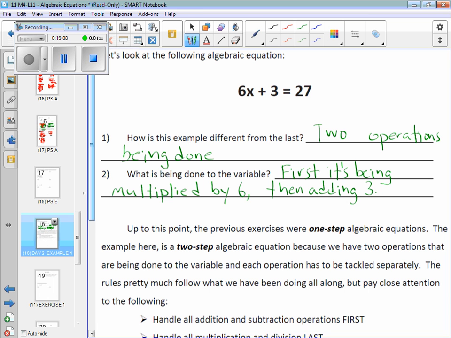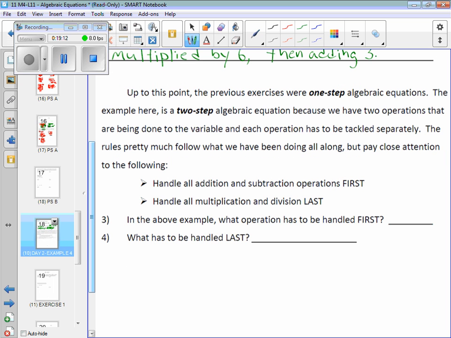Then you've got to divide by 6. You undo it in the opposite way that you would do it if you're doing PEMDAS. That's written here. You take care of all addition and subtraction first, whatever that is. Then you handle your division and your multiplication. So that might make more sense if I kind of just show you what I mean by that.